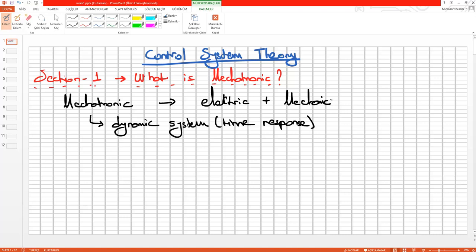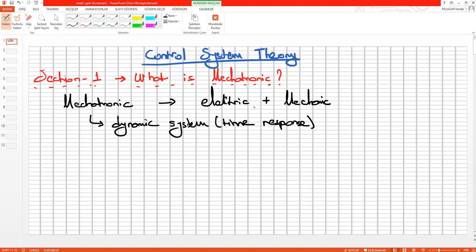Okay, you have one force and one body, and you apply this force, but nobody moves in that system. Okay, but in mechatronic we constantly process some movable objects. Okay.